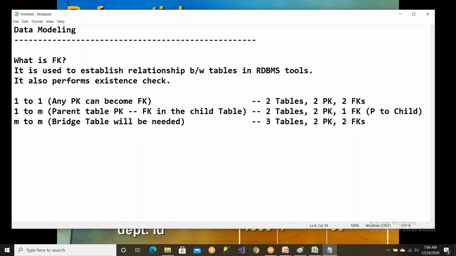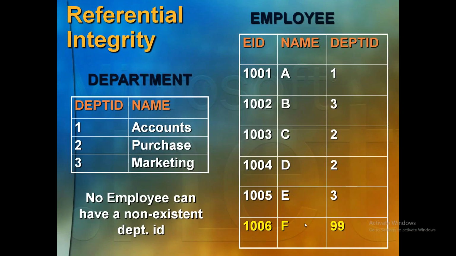So this is also very, very important. Whenever you give any kind of data in the child table, the foreign key relationship is going to ensure this number is available. Whatever number has been provided in this, it has to be there. Clear? So this is my foreign key. So no employee can have a non-existent department ID.